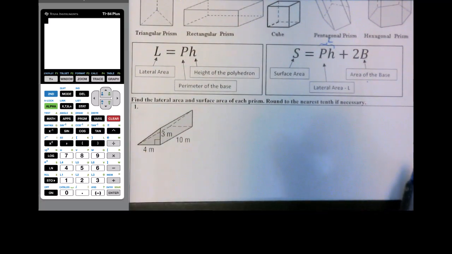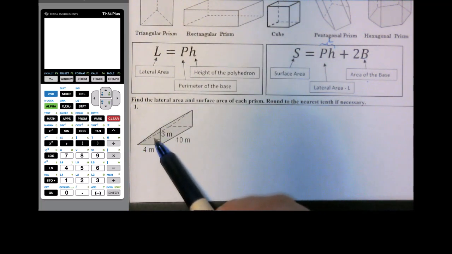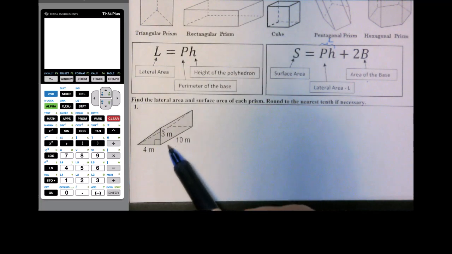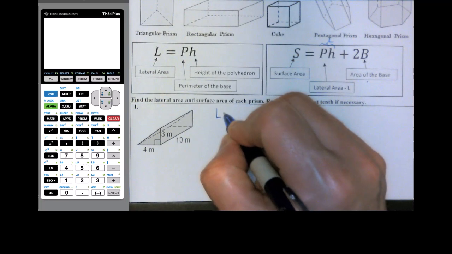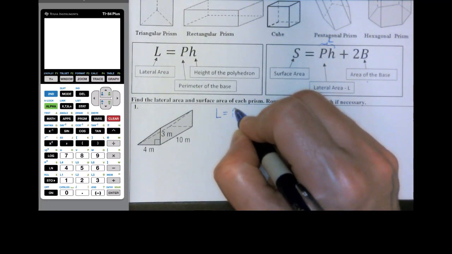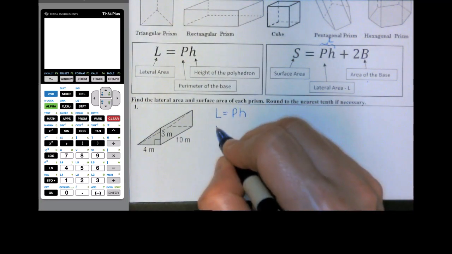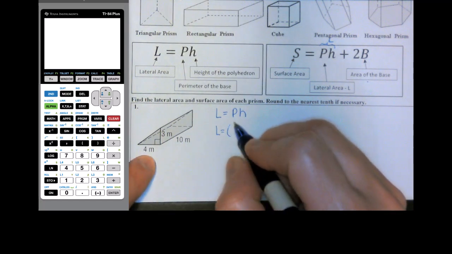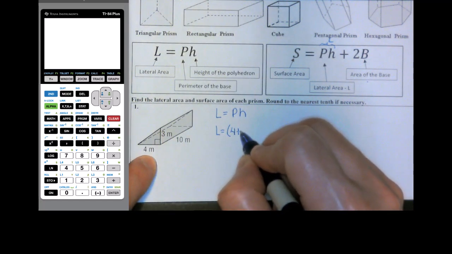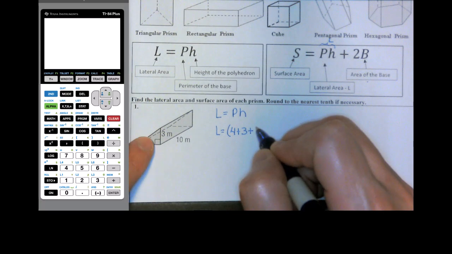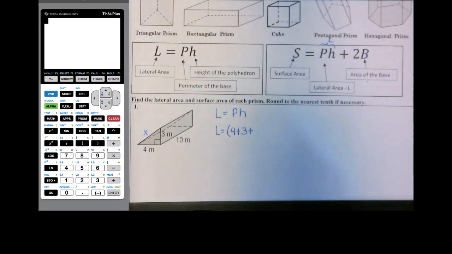So if you notice right here, we have a prism. The only thing is that the prism is laying on its side, because you can see the base that is parallel is the triangle. So this is a triangular prism. We're going to start out by finding the lateral area, which is perimeter times height. To find the perimeter, I have 4 plus 3 plus, I'm missing the third side, so let's call it x.